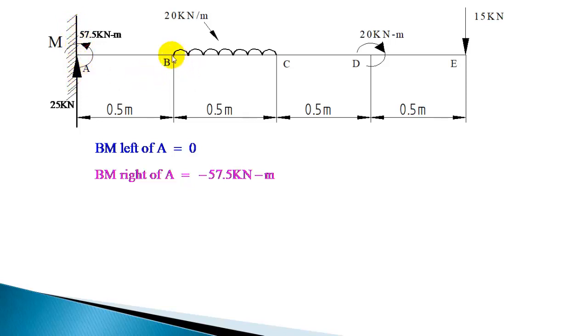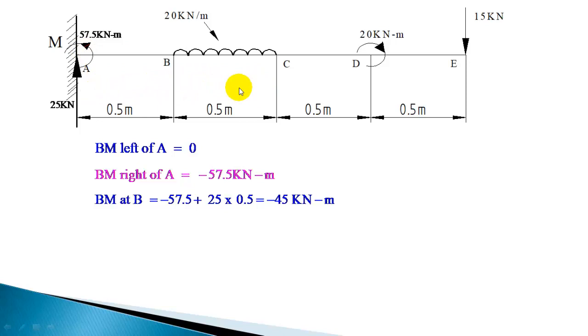Next at B, the bending moment is minus 57.5, and this force will produce a clockwise moment. So at B, it is minus 57.5 plus 25 into 0.5. Okay, so that will give minus 45 kilonewton meter. Now bending moment at C is, this couple is there, minus 57.5, and 25 will produce a clockwise moment.